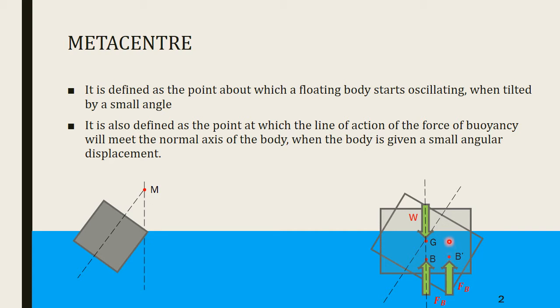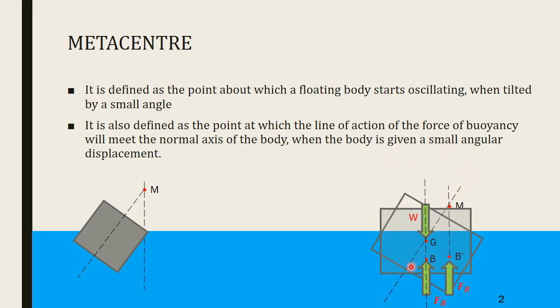If we now extend the line of action of the buoyant force, it will meet the normal axis at this particular point, and that point is known as the metacentre. Again, it is defined as the point at which the line of action of the force of buoyancy will meet the normal axis of the body when the body is given a small angular displacement.